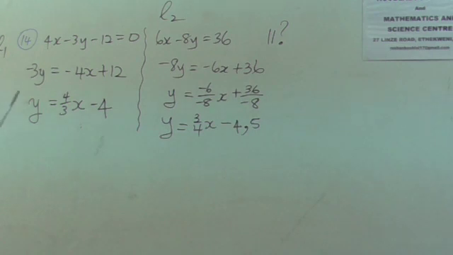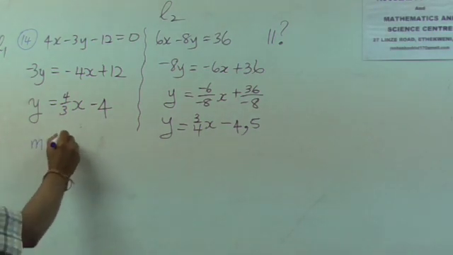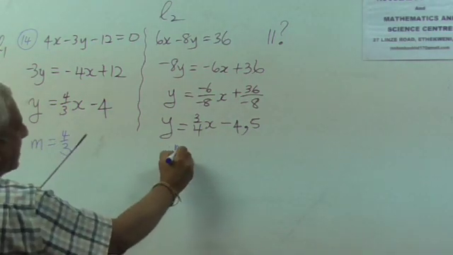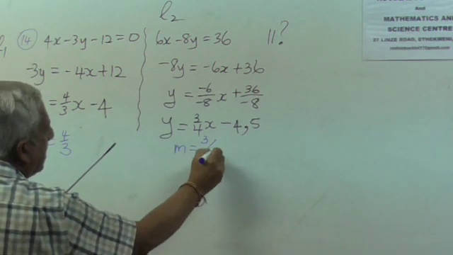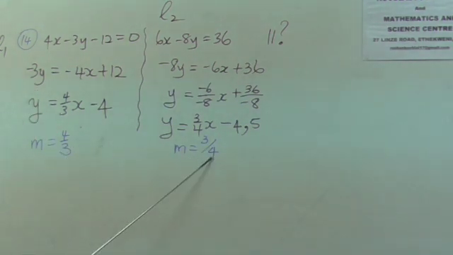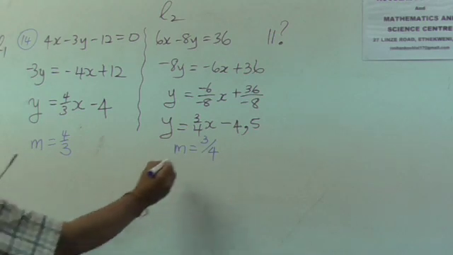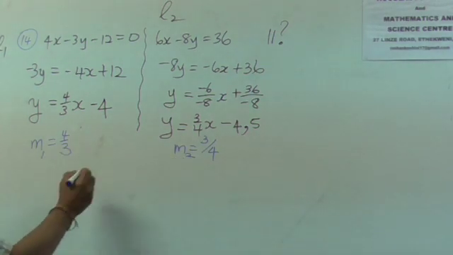Now you compare the gradients. This gradient here, m is equal to 4 over 3. But this gradient here is 3 over 4. Now they're not the same, right? They're not the same.